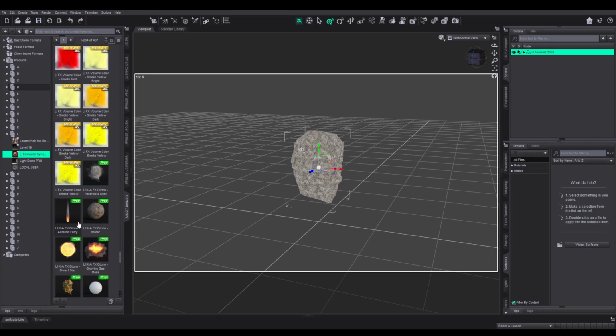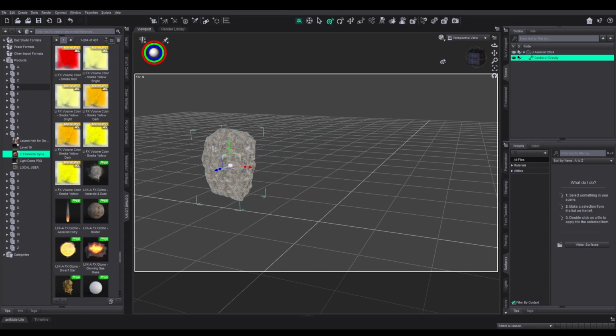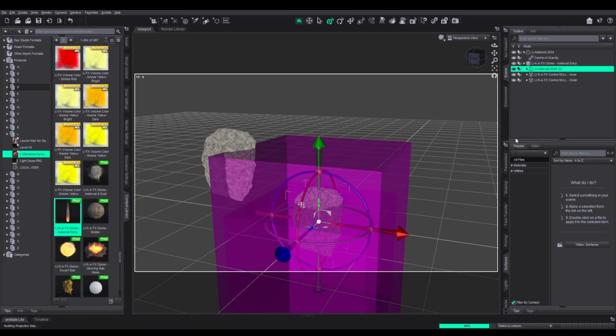So, I see this. And let me see here. Okay, I don't know what's going on there.